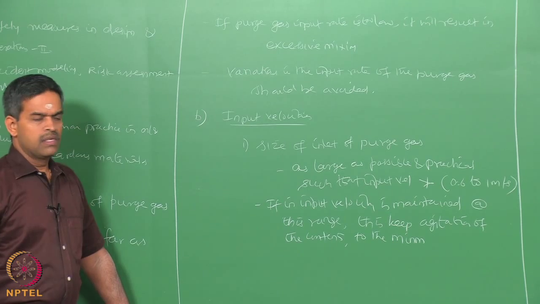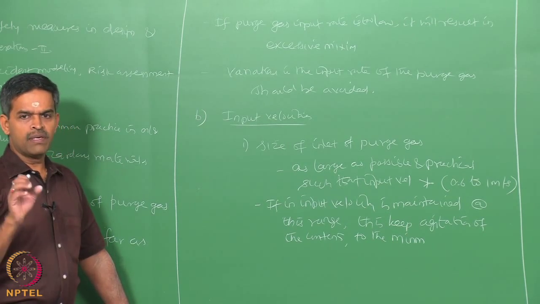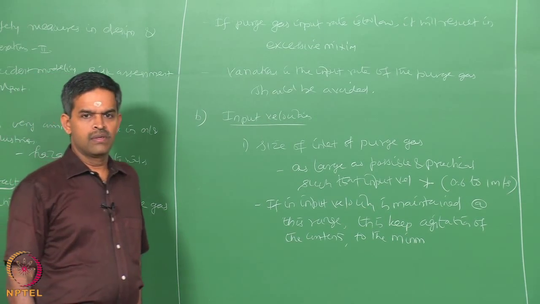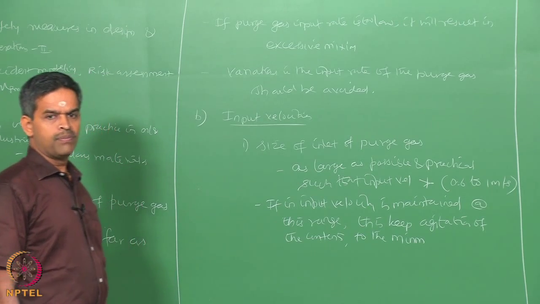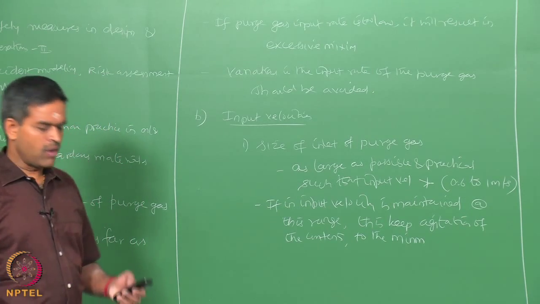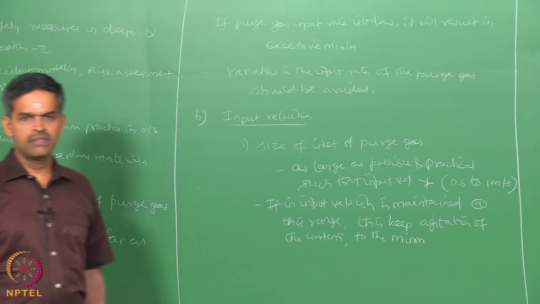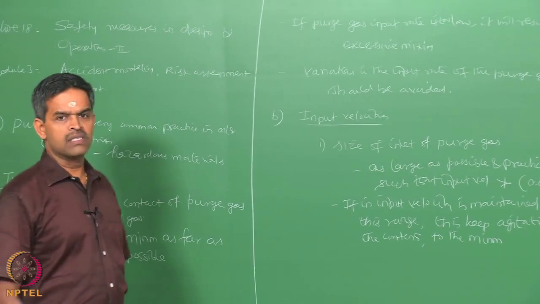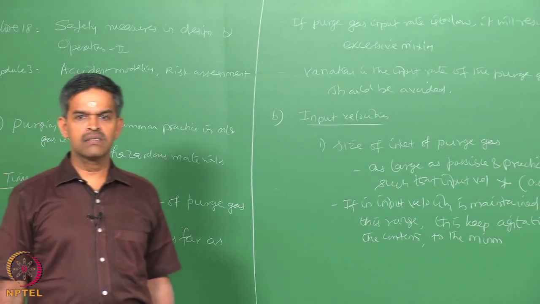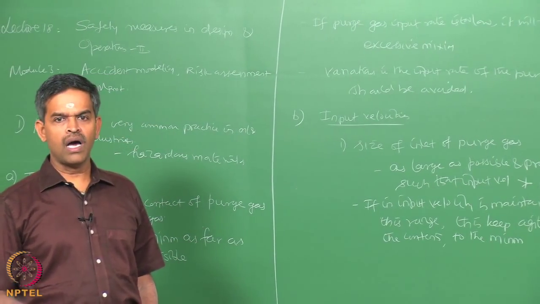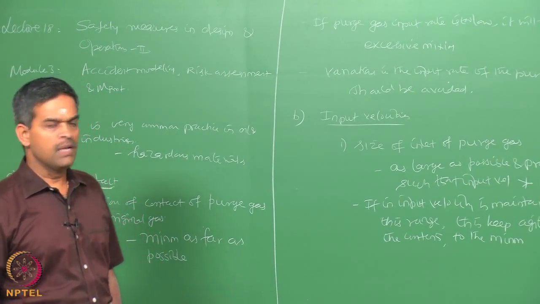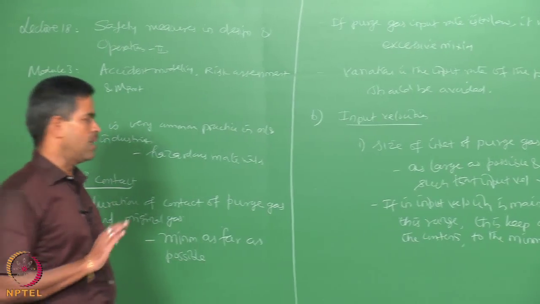Alternatively, if the input connection or diameter is too small for the rate of the input, it may result in higher velocity. If the input velocity is higher and the output vent is larger, then the purge gas may stream or arc across the inlet and outlet, limiting both displacement and dilution.